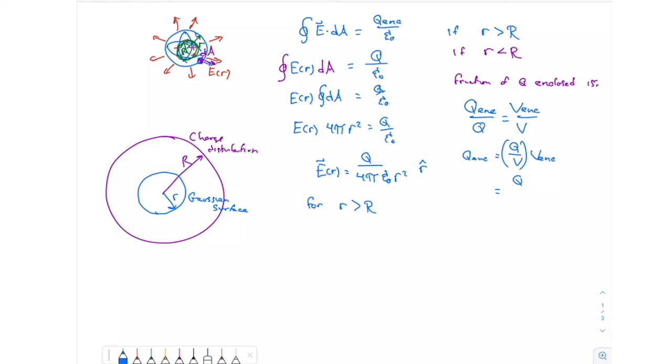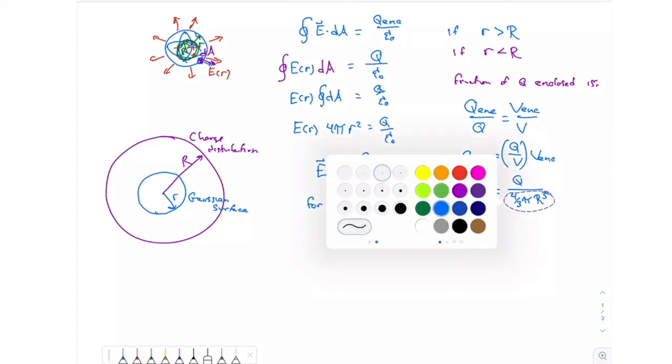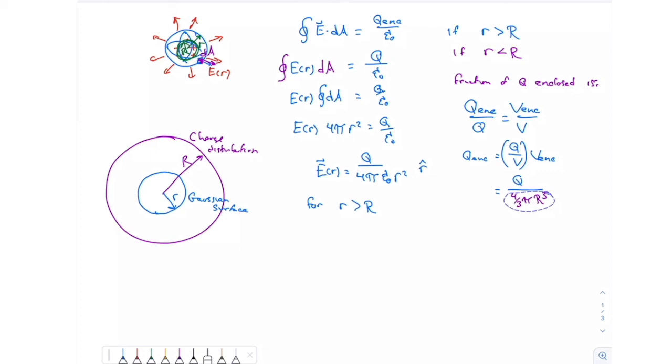Okay, and I know what that is because the charge Q is uniformly distributed over a volume of 4/3 pi capital R cubed, right? That's the volume of my spherical charge distribution. The volume enclosed, actually let me change the color of this to match my diagram, is the volume of this smaller surface.